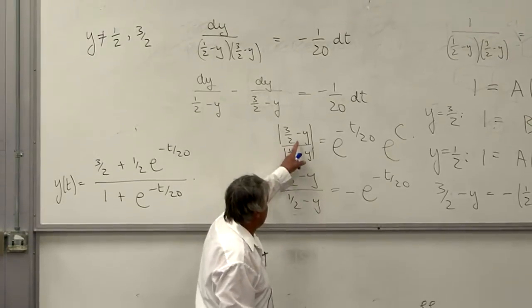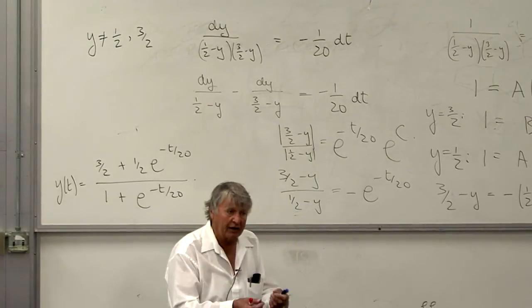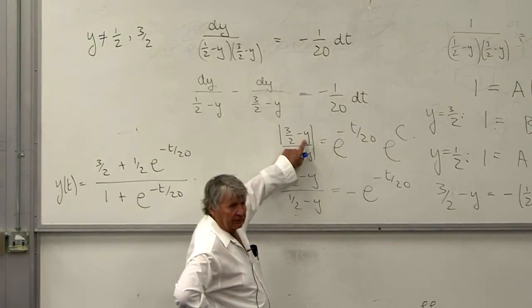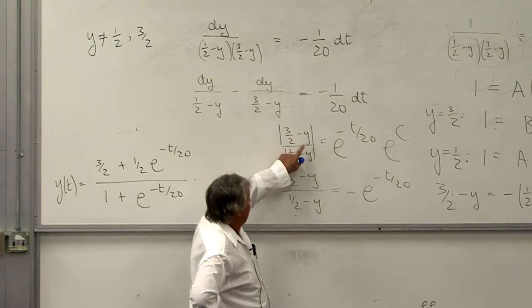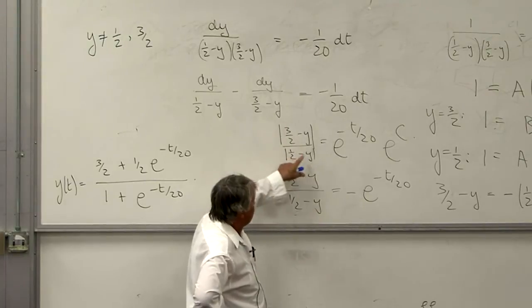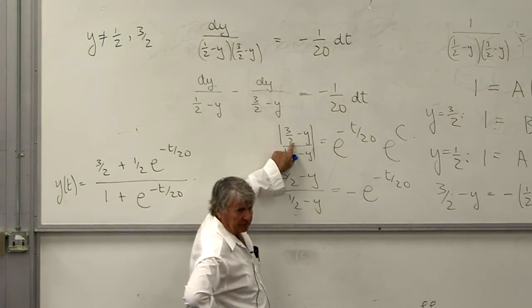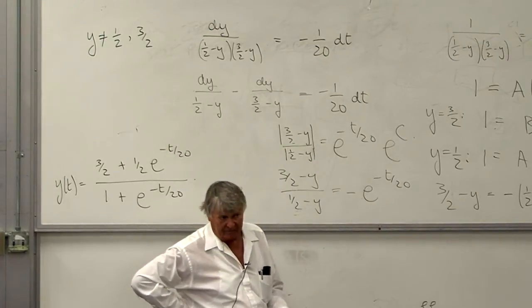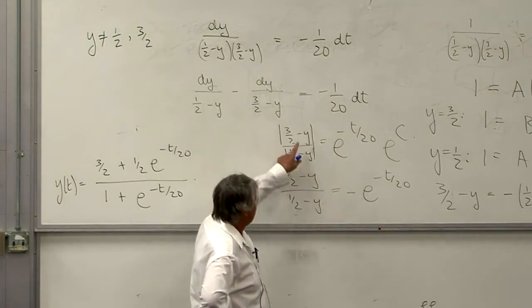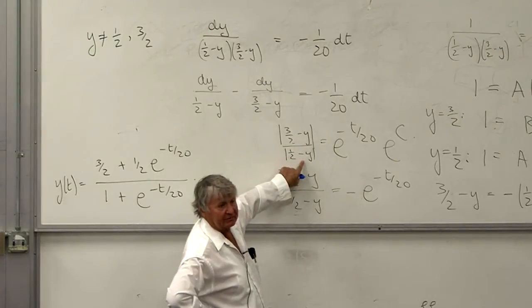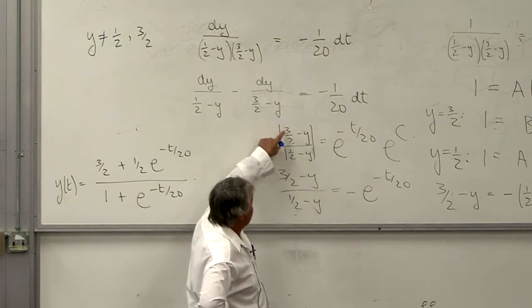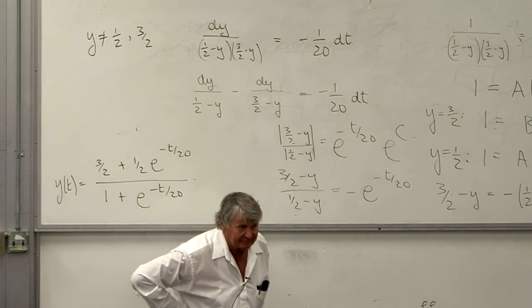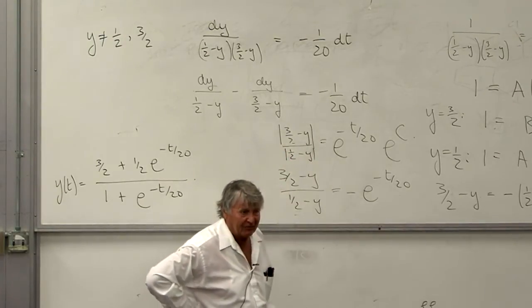If the y is such, for instance, that we start out at 1, then we want to make this positive. So the 3/2 minus y, if we start between 1/2 and 3/2, this guy will be positive, but this guy will be negative. So we have to write this then as 3/2 minus y over y minus 1/2. That's what the absolute value means.